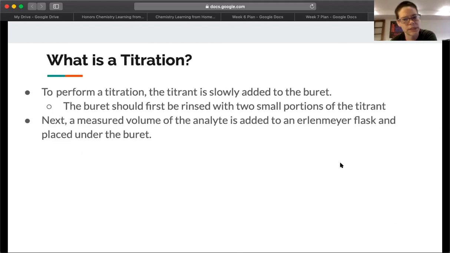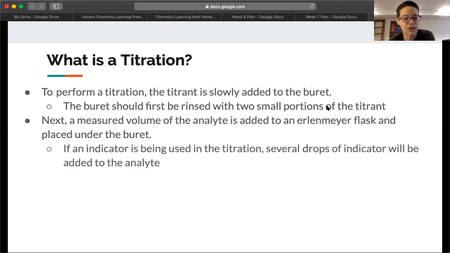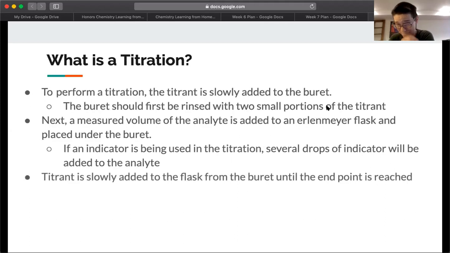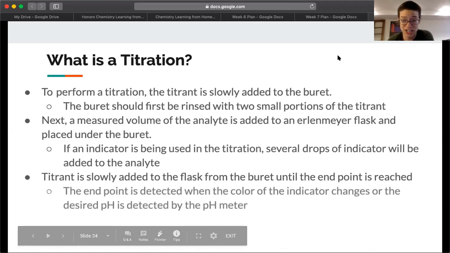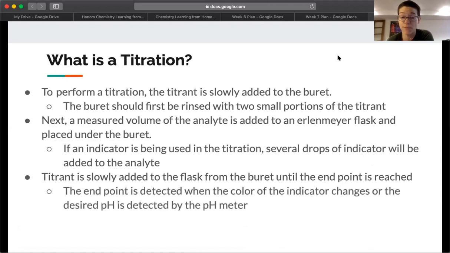All right, and then we put stuff in a flask. Indicator, you can't forget the indicator. If you forget the indicator, you have no idea when to stop. And then you keep going until you reach the end point. For us, the end point is when it changes color, or if you're monitoring it with a pH meter, it's when it reaches the desired amount.